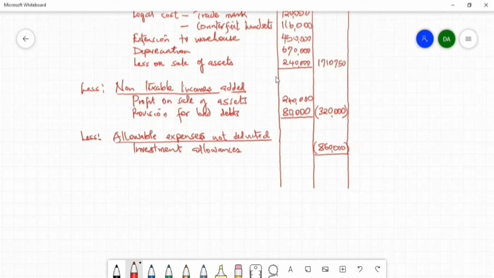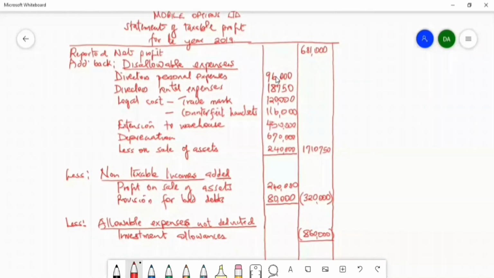After you deduct that, now what we need to do is to add disallowable expenses, subtract non-taxable incomes, and subtract allowable expenses not yet deducted.